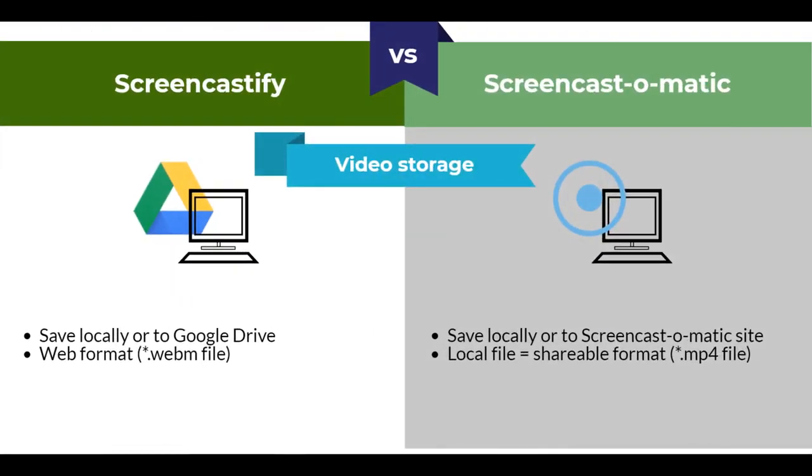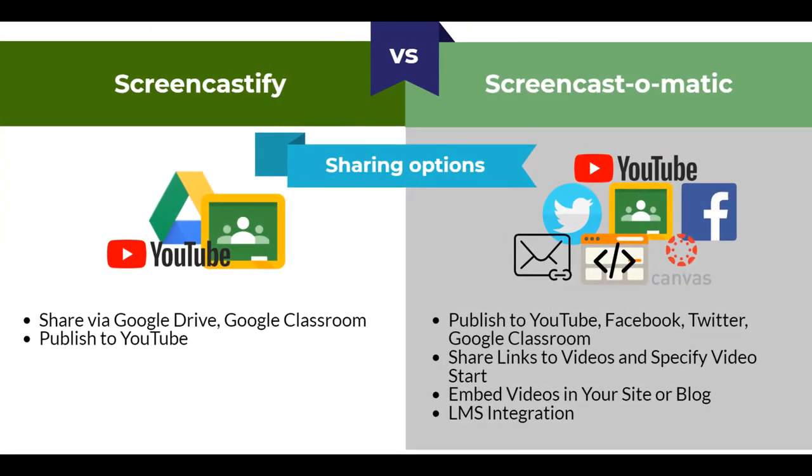As far as video storage is concerned, Screencastify by default saves to Google Drive, and it saves in a web format. Screencast-o-matic saves locally or to Screencast-o-matic if you choose. We see some bigger differences here for sharing options. Screencastify pretty much just gives you Google Drive and Google Classroom as far as sharing options are concerned, or publishing directly to YouTube.